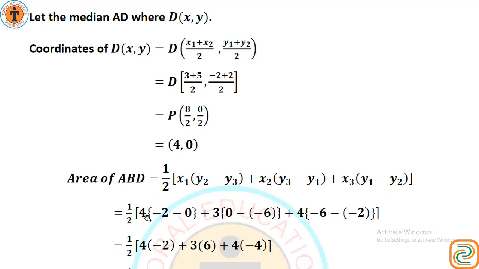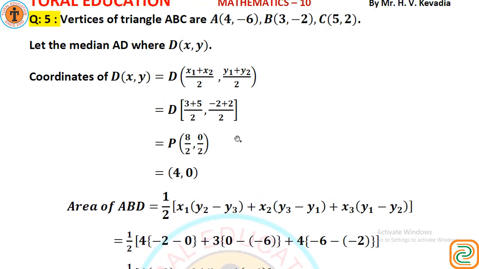Take here D, A and B. A, that is x1 4, minus 2 minus 4, sorry, 0, minus 2 and 0. Then B means 3, here we will take 0 minus 6. Again 4, that is minus 6 minus 2.